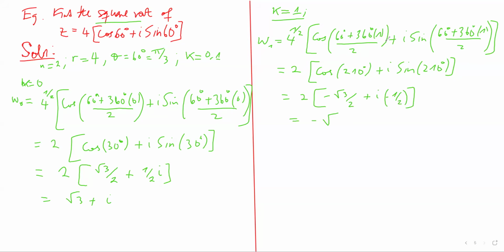And this will give us minus square root of 3 minus i. So the two roots are square root of 3 plus i, and minus square root of 3 minus i. That will be the two roots that we need.